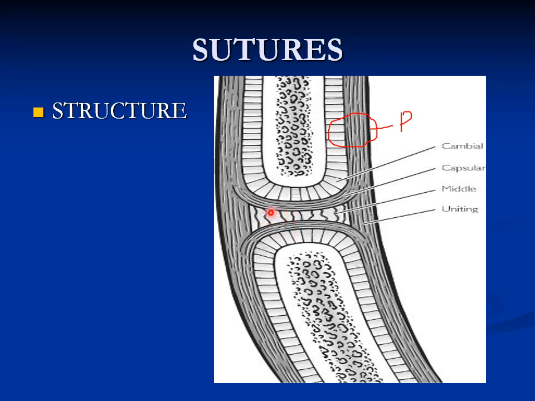So this osteogenic capability of the cambial layer is initiated, and it begins the osteogenic activity in all this fibrous layer, and now this fibrous tissue is replaced by the osseous bony tissue, which is known as the process of synostosis.